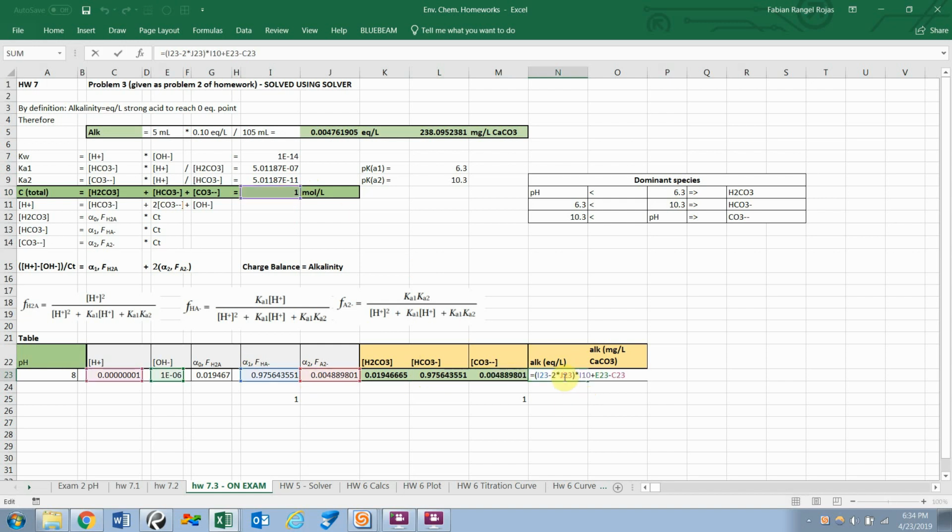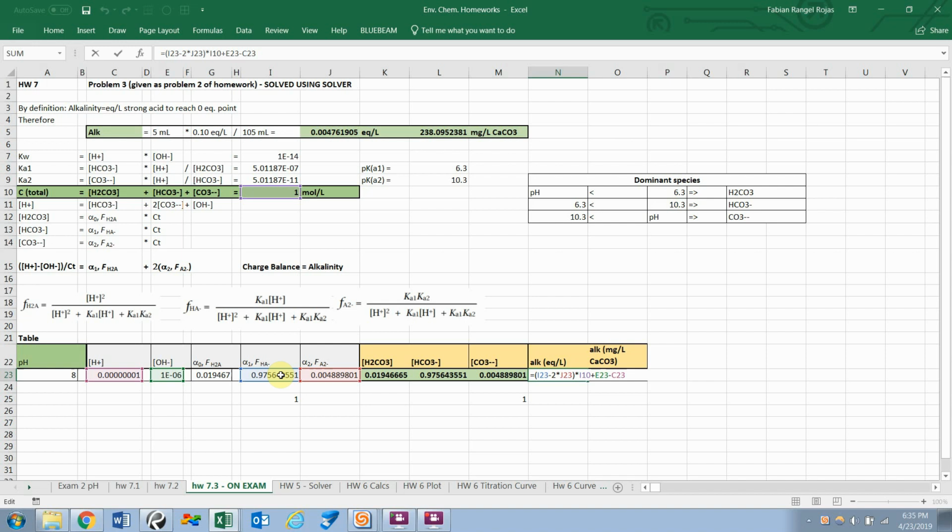Alkalinity, like I said before, is going to be the concentration of HCO3 minus plus 2 times the concentration of CO3 2 minus plus OH, all minus the concentration of H plus. Okay. So to do that, you could do one of two ways.